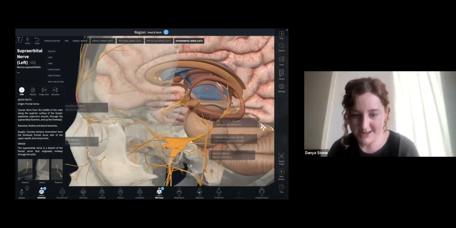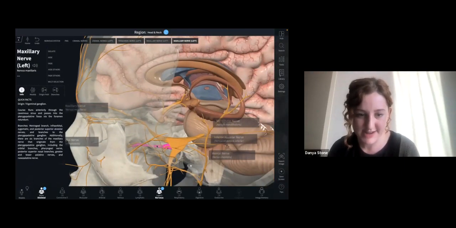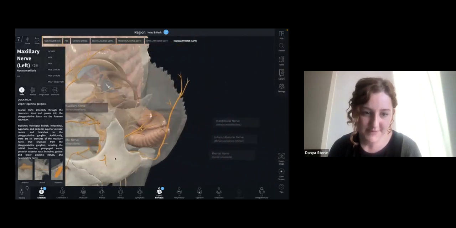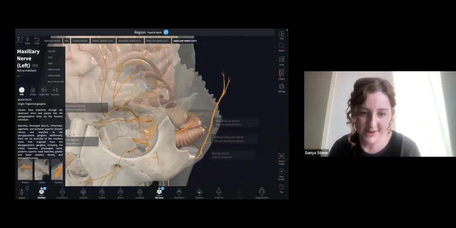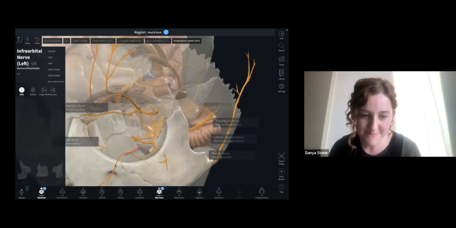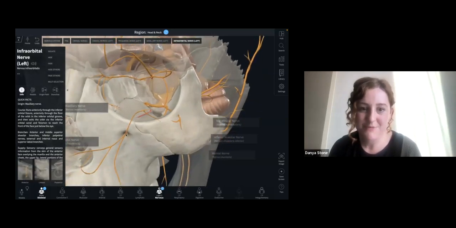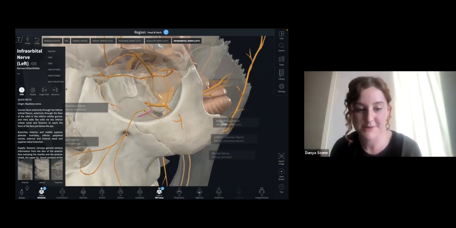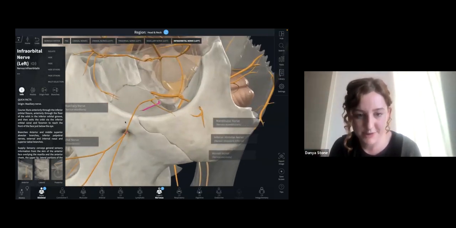If I go back now to the maxillary nerve, if we have a look at it from this angle, you can see it's still highlighted there in pink. But this tiny little branch there is the infraorbital nerve. So the supraorbital came out above the eye socket. The infraorbital is coming out through this tiny little foramen just underneath the eye socket.